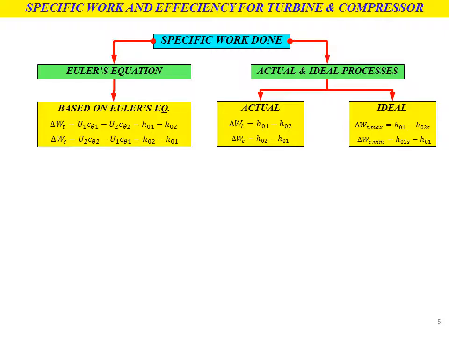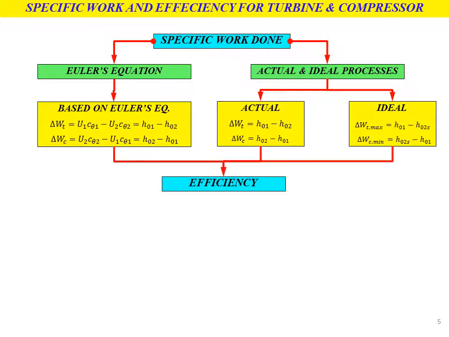All these equations for the specific work done will be used to generate the formulas for the efficiency for both turbine and compressor. For the turbine, the general formula for efficiency is equal to delta Wt divided by delta Wt maximum. Delta Wt is the work output during the actual expansion process.